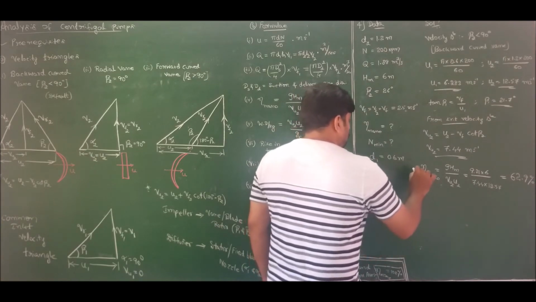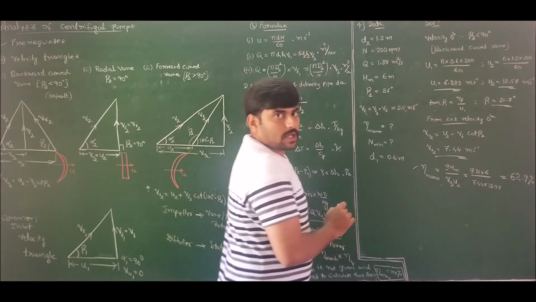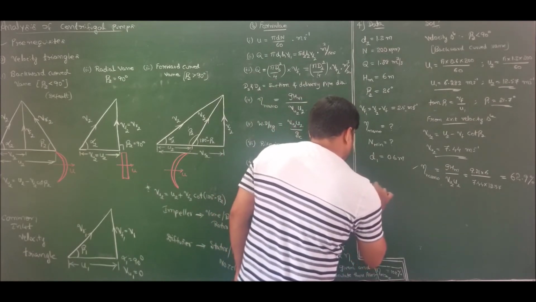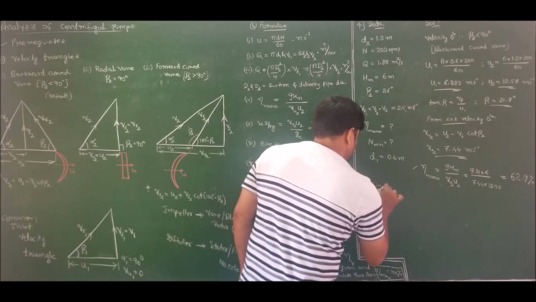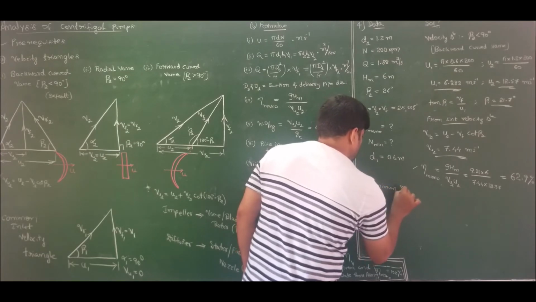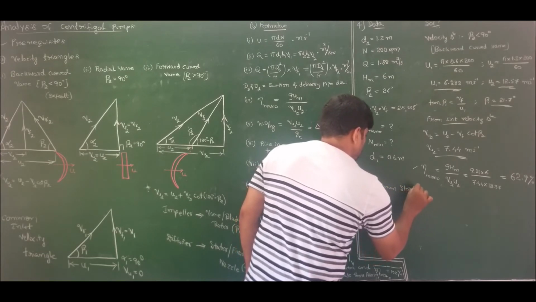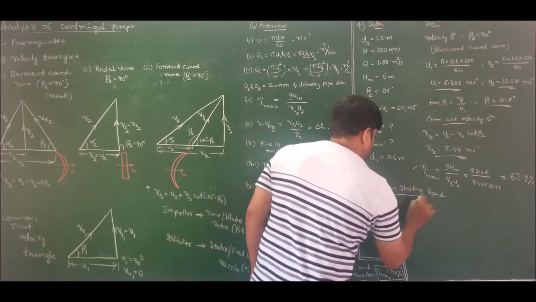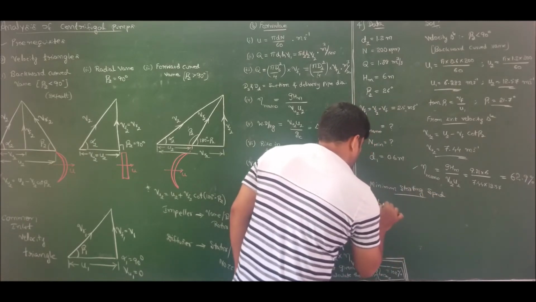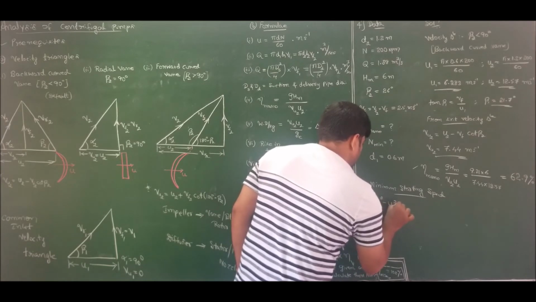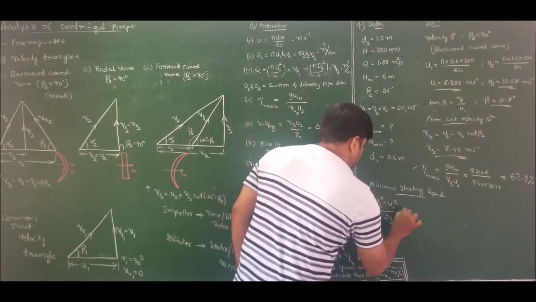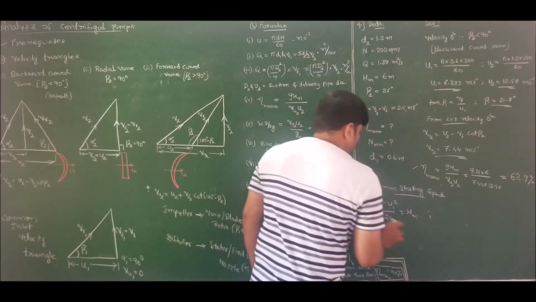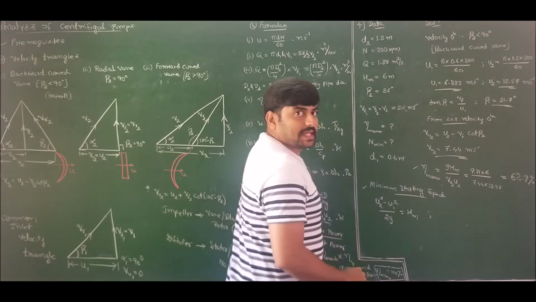Now one value we have calculated, that is the manometric efficiency. Now I should find the minimum starting speed. For minimum starting speed, we know that (U2 square minus U1 square) by 2g should be equal to Hm, where I should calculate the value of N minimum.